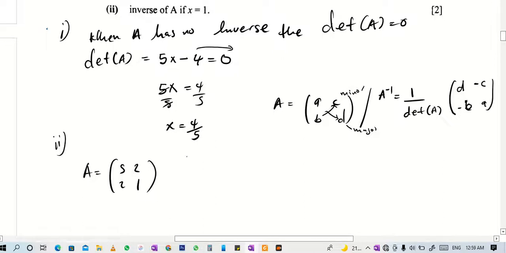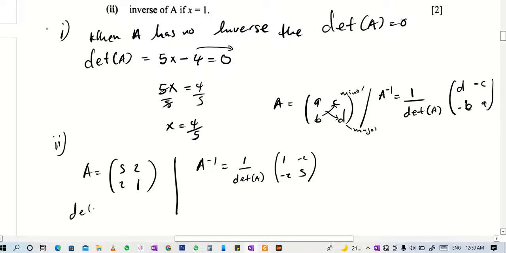Using that concept here, A inverse will be equal to 1 over the determinant of A, and then we swap the values as 1, 5, -2, -2, like so. Now what is the determinant of A?